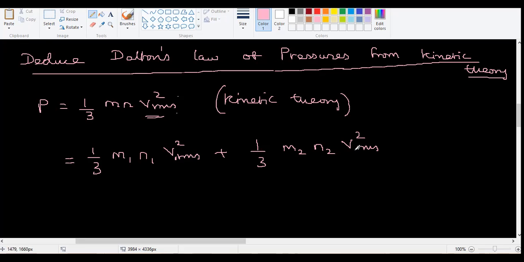Okay, I forgot to write the V1 and V2. This is V2 RMS, different velocities. I told you I'm going to multiply by 2 and divide by 2. So it means I can write this as 2 by 3 N1, then 1 by 2 M1 V1 RMS square, plus same thing here, 2 by 3 N2, then 1 by 2 M2 V2 RMS square.